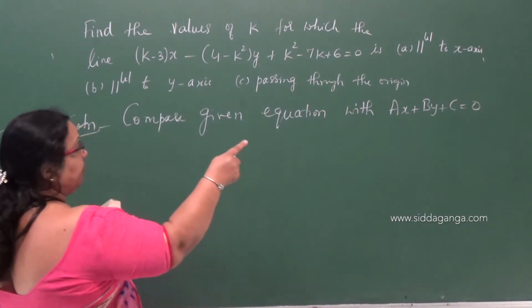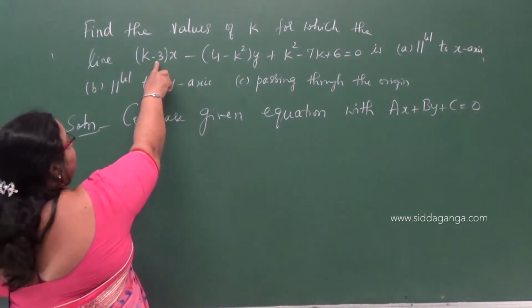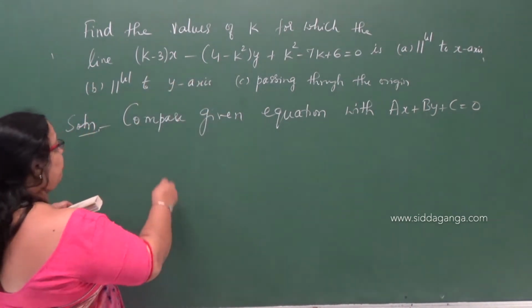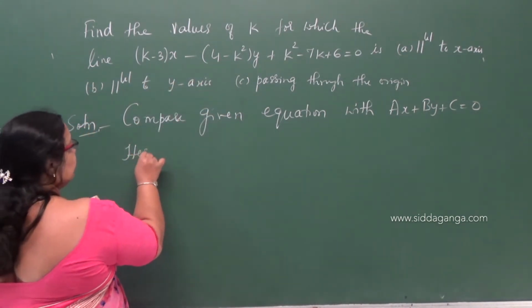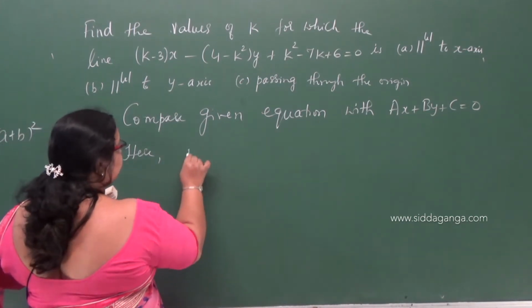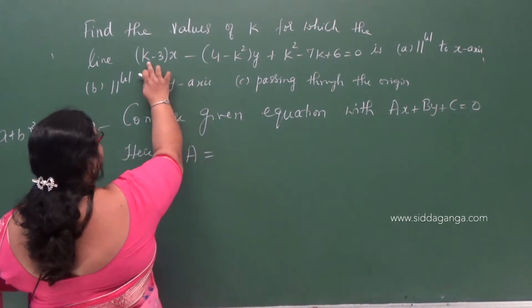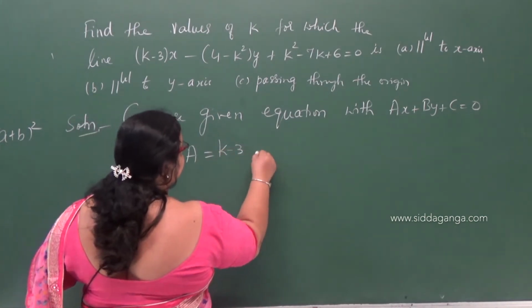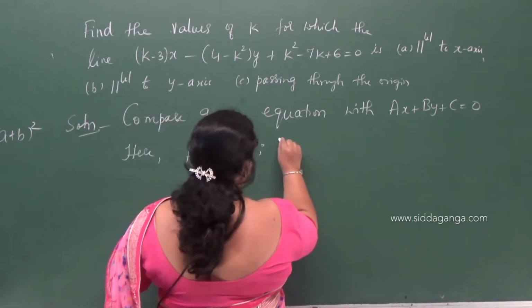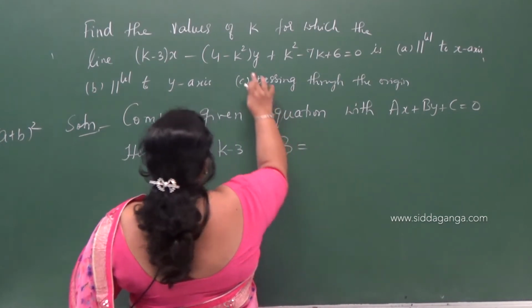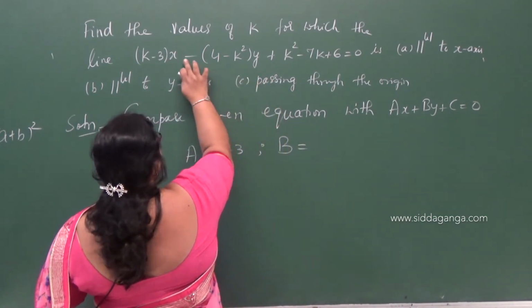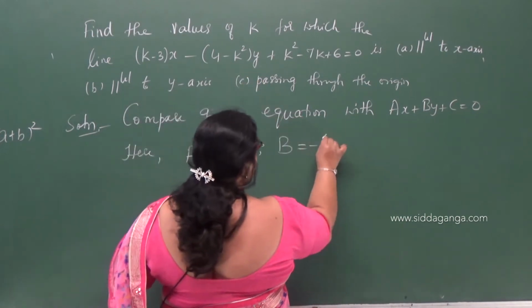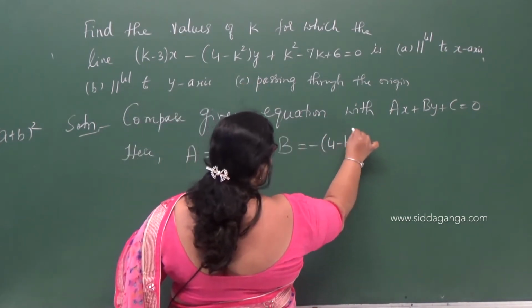Comparing, the x coefficient a is k minus 3. The y coefficient b is minus of (4 minus k square).